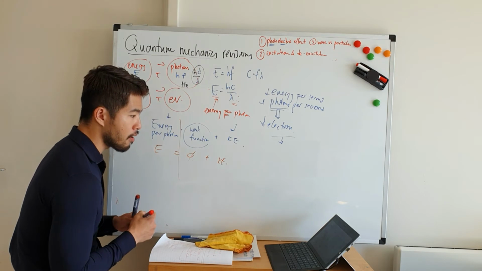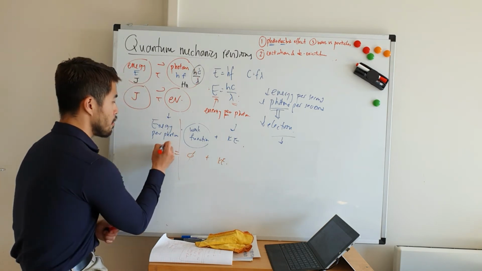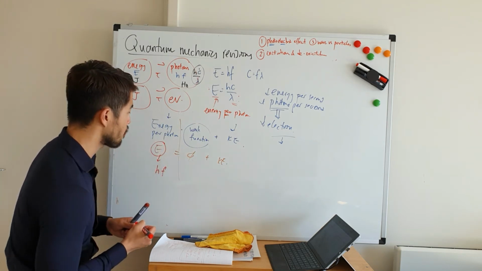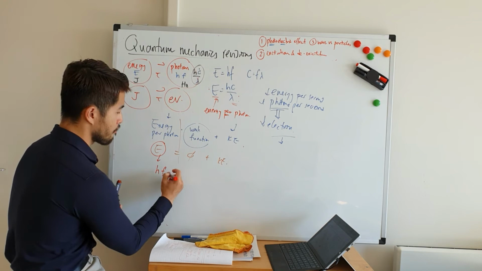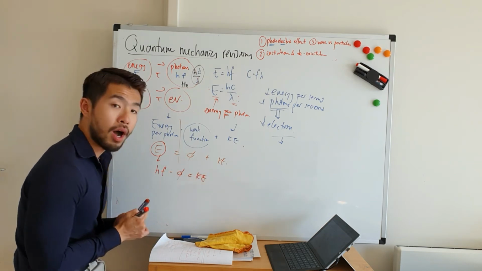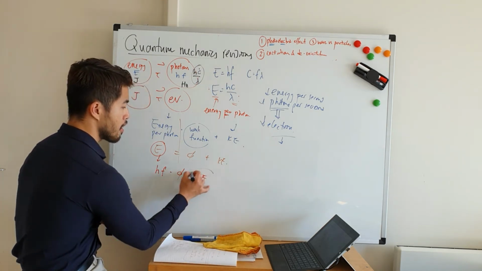Why are they using this x-axis and this y-axis? Where does E come from? This comes from hf. I'm going to rearrange the equation to give KE equals hf minus work function.